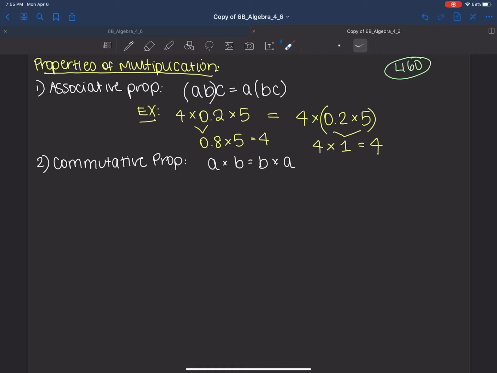I mean, in this example, it looks like it's not doing much, but let's see a more complicated one. So let's use our same example from before. I'm going to do 0.2 times 4 times 5 now. And as we saw from the previous example, it'd be really nice to group the 0.2 and the 5 together, because the two of these multiply together to 1. I'm just going to mark that we want to group these.